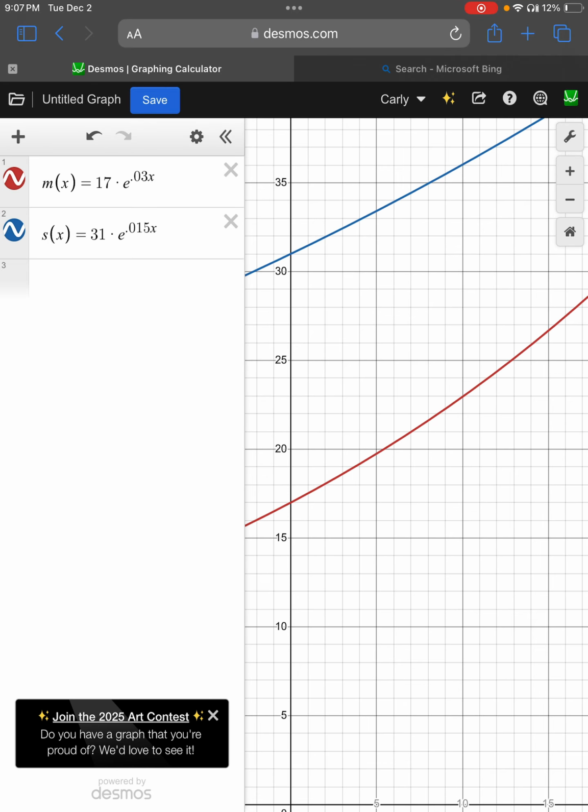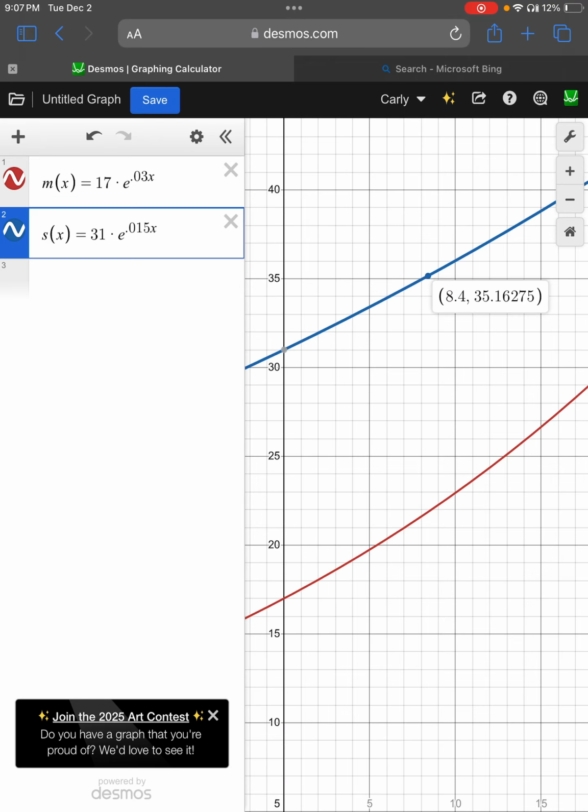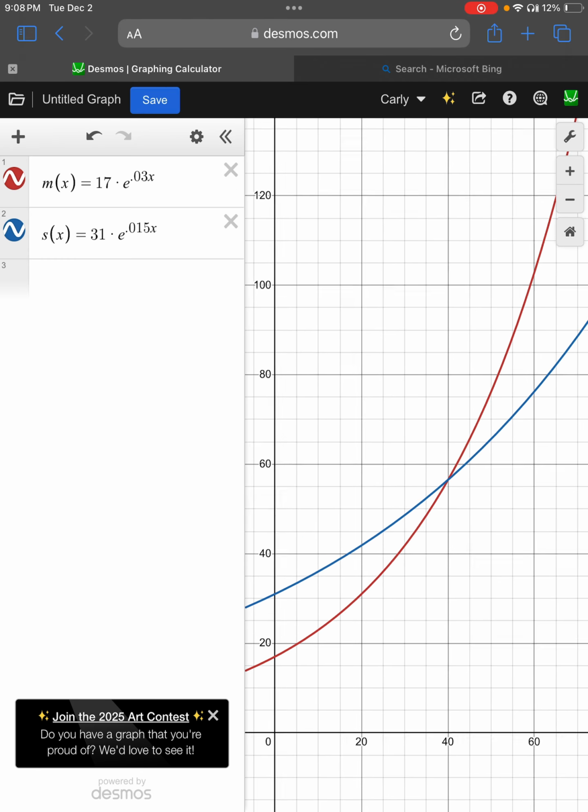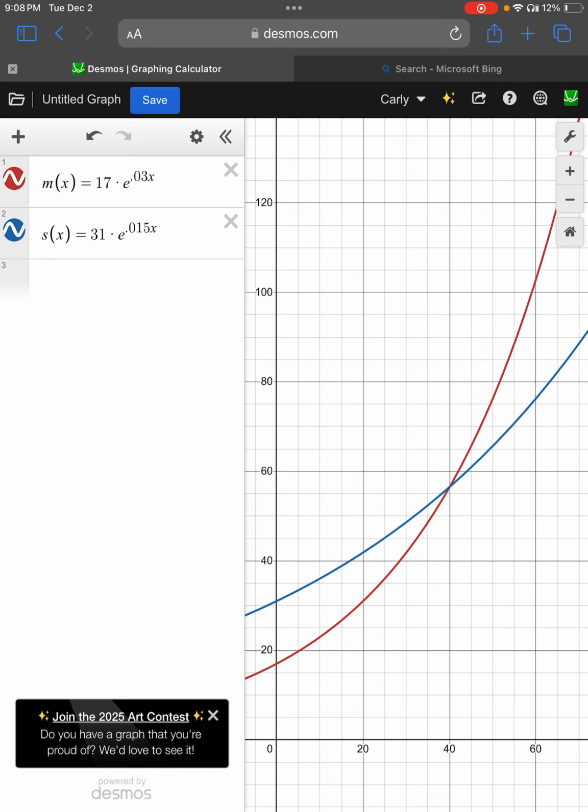Okay, so I can zoom out. Look, it does what I said they would do. It crosses, right? Mali starts lower and gets higher, and Saudi Arabia starts a little higher, but grows more slowly. So I can just tap this little intersection point here, right?